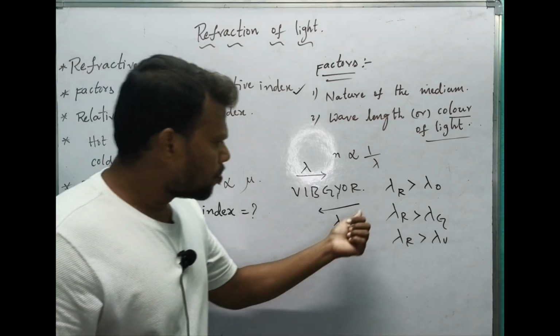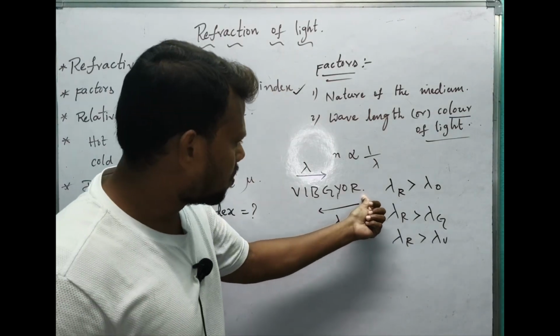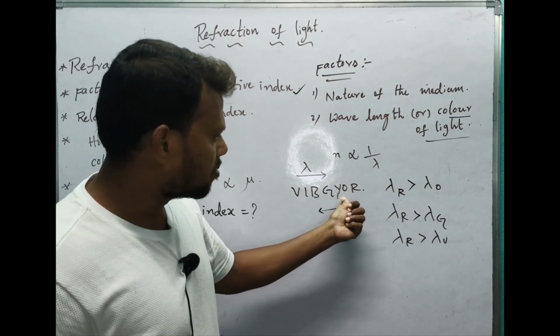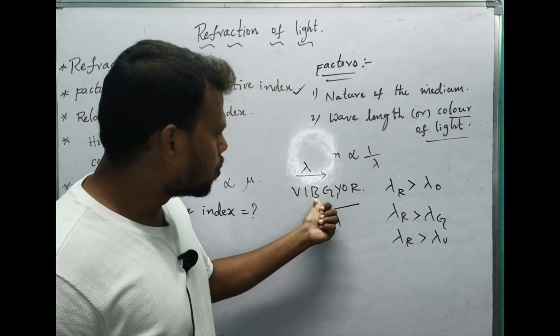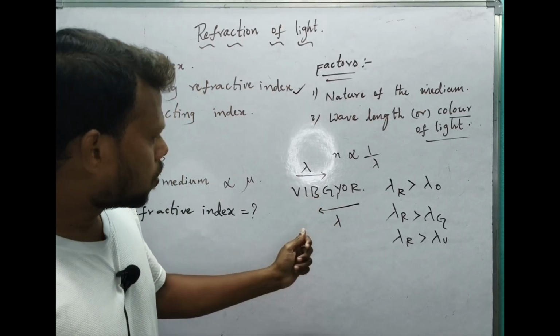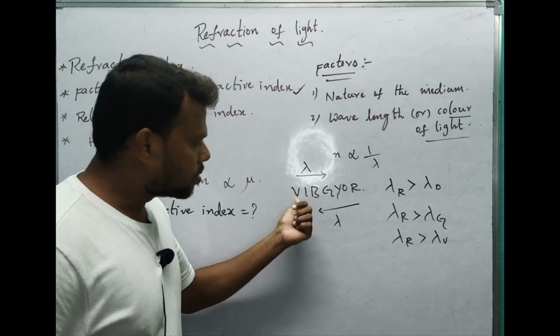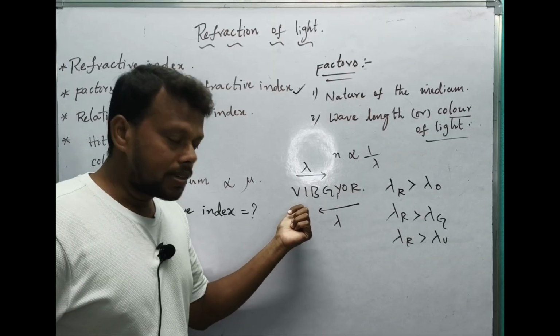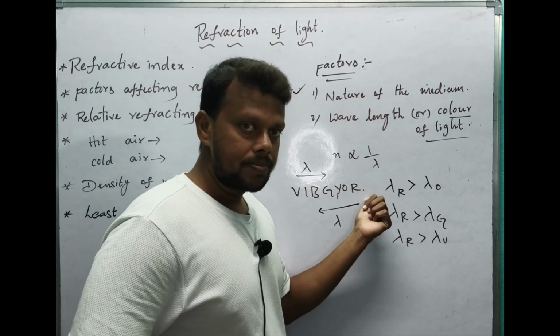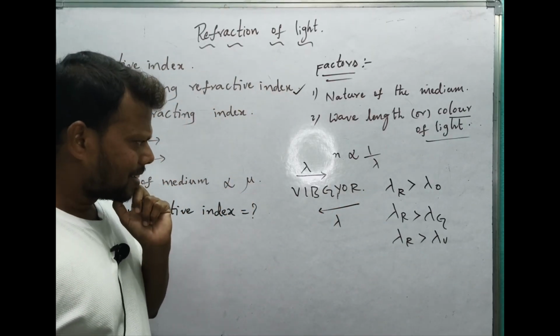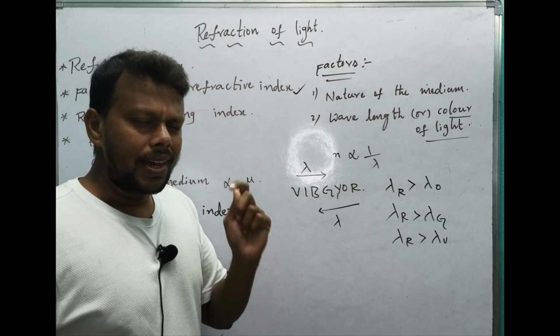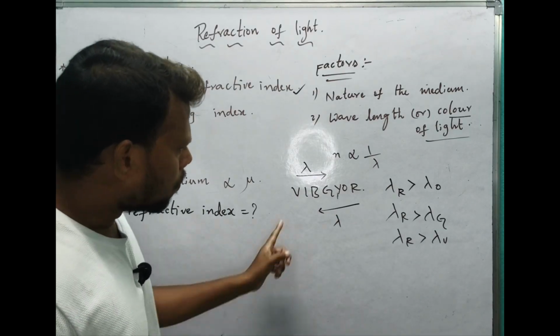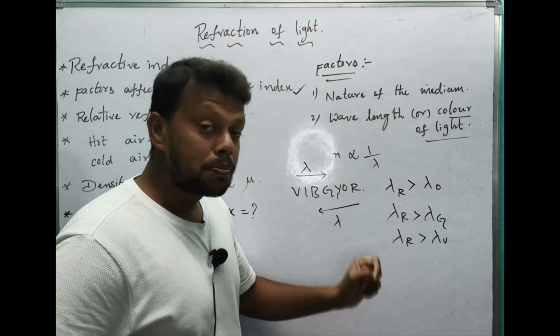The maximum wavelength is for red, then orange, yellow, green, blue, indigo and violet. So the least wavelength is for violet, maximum for red. I have a doubt here. When the light travels in vacuum, which color has the maximum speed?